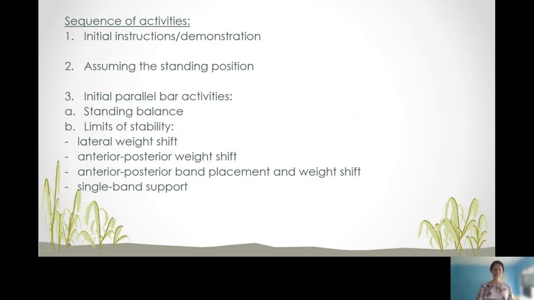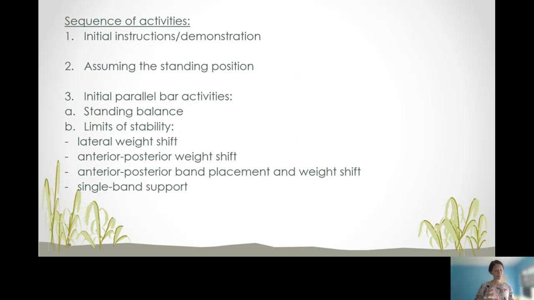So demonstrate. Let them stand. In standing in the parallel bars, do balance movements. Check their balance, side to side, forward and backwards. Do some rhythmic stabilization for their balance.